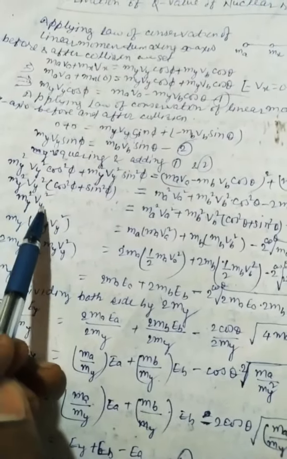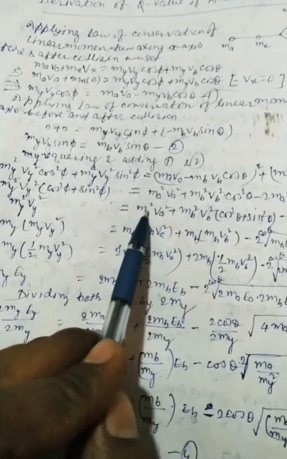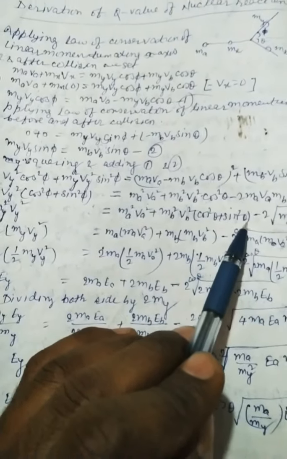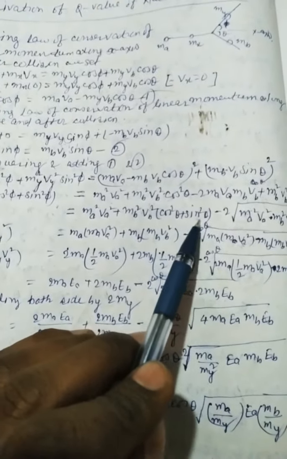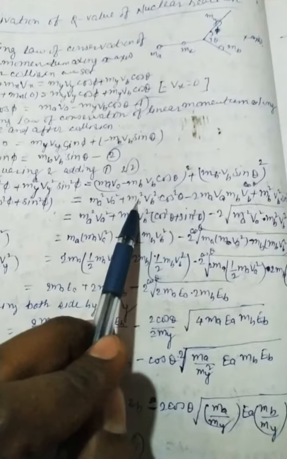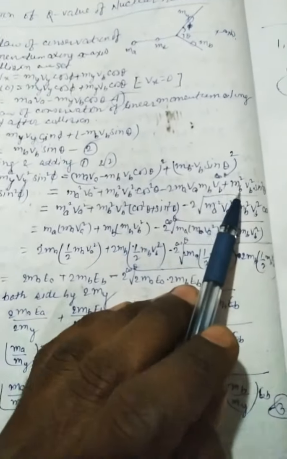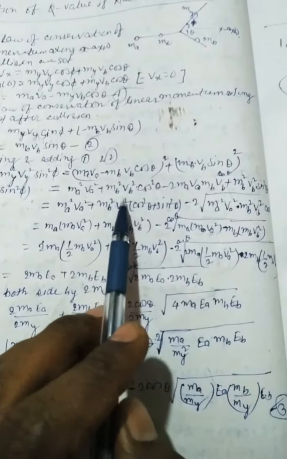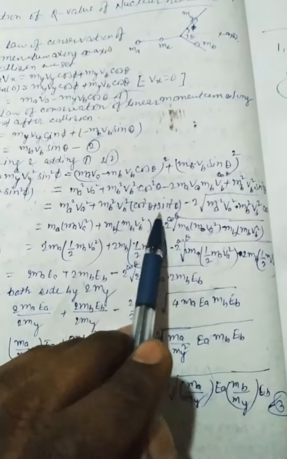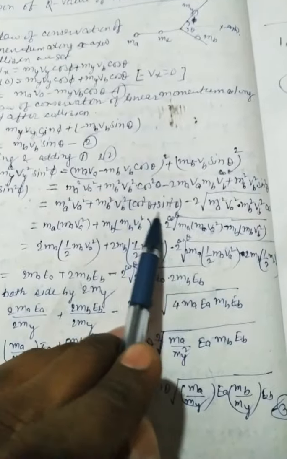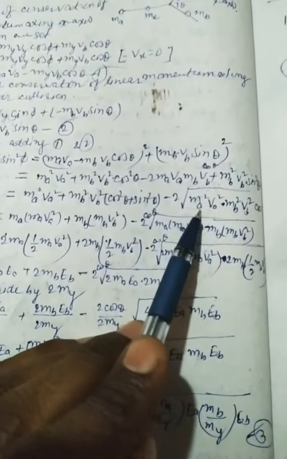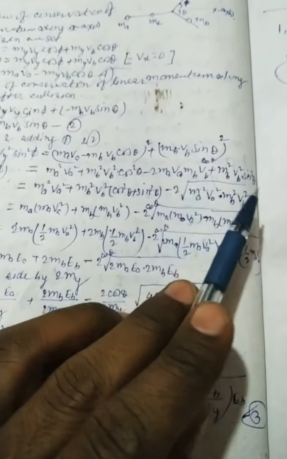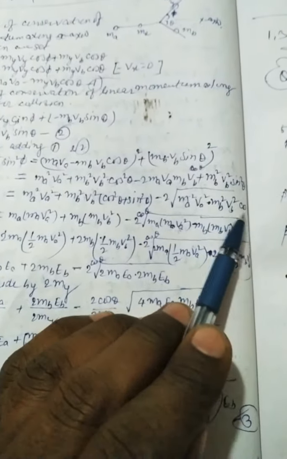So MY square VY square equals MA square VA square plus MB square VB square times cos square theta plus sin square theta, minus 2 MAVA MBVB cos theta.